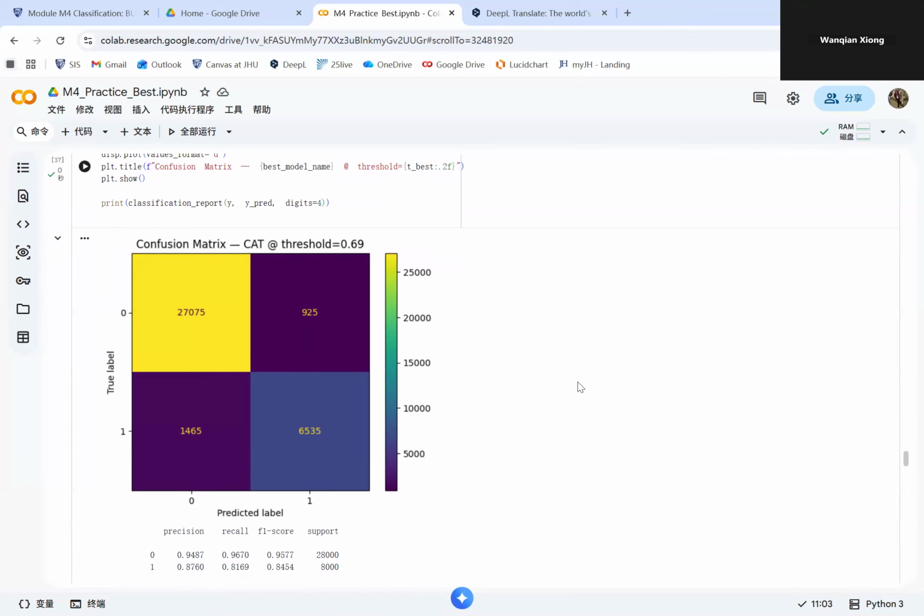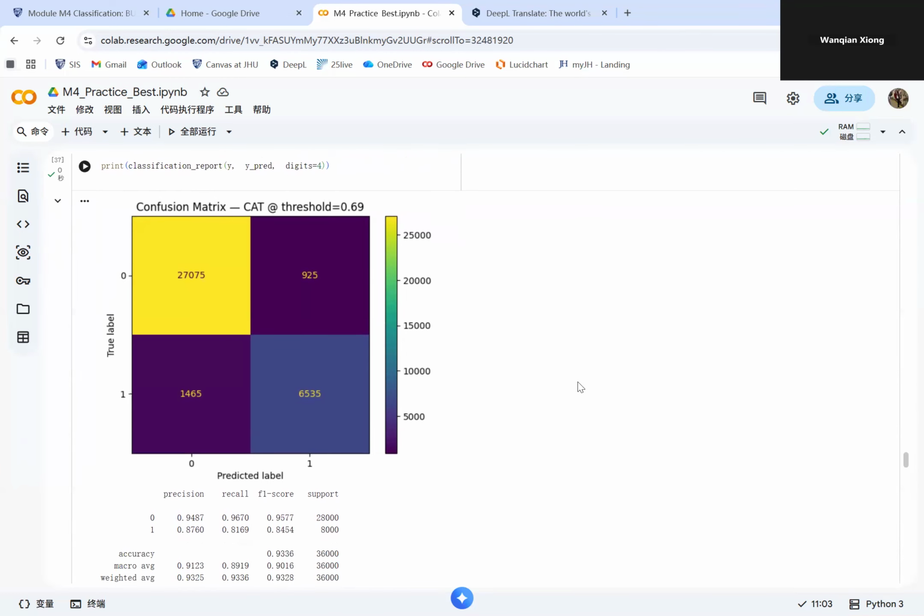And because of this asymmetric risk and because the F1 score is highly sensitive to the decision boundary, we didn't settle for the default 0.5 probability threshold. We swept through 999 different thresholds using our precision recall curve.